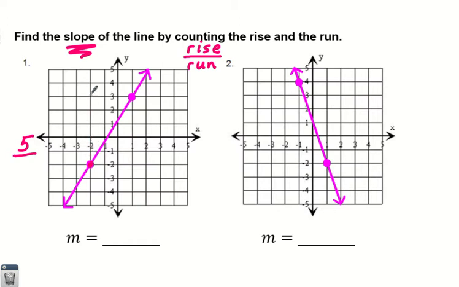And then I'm going to go to the right. 1, 2, 3. So that's a positive 3. So it looks like my rise was positive 5. My run was positive 3. Remember, it's rise over run. And so there's my slope fraction.